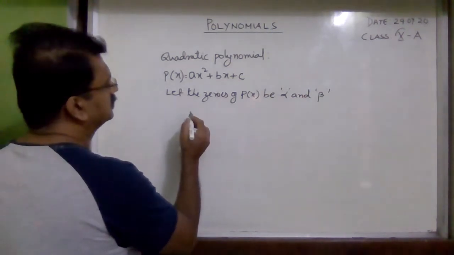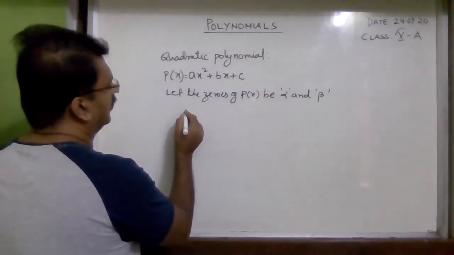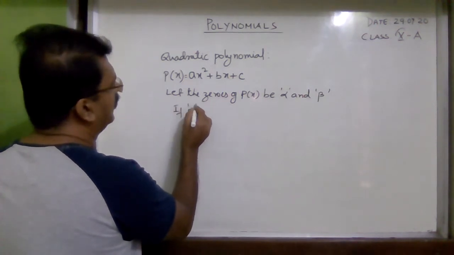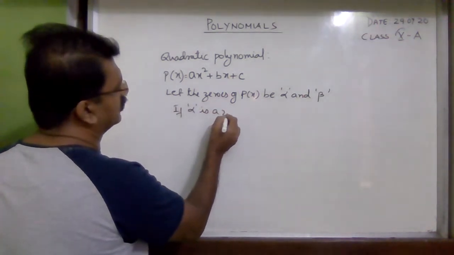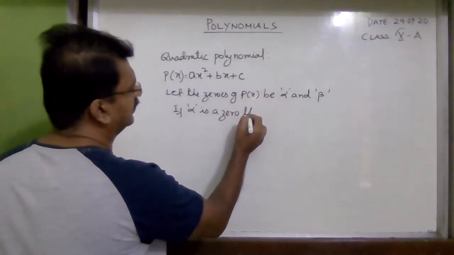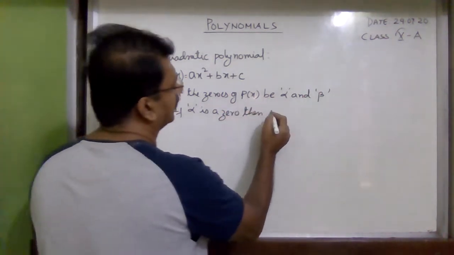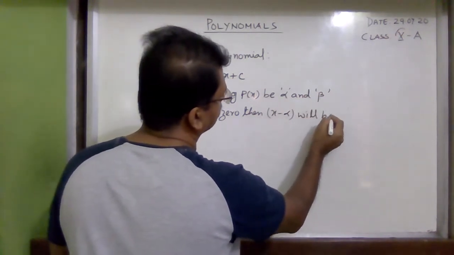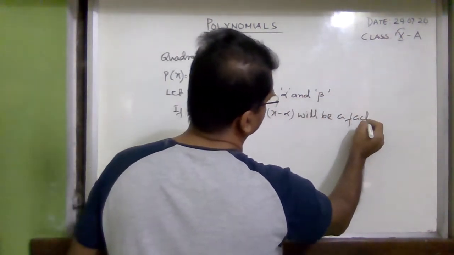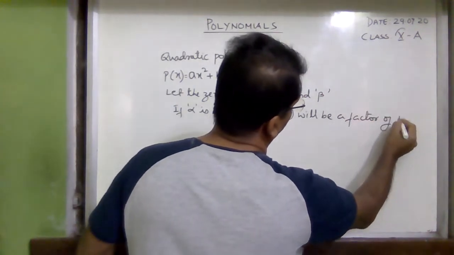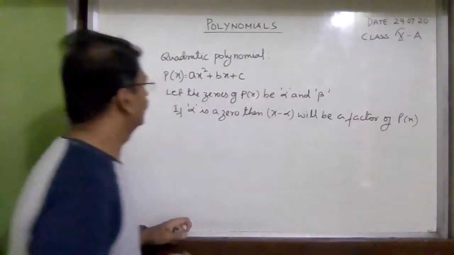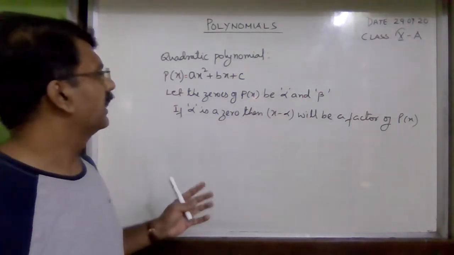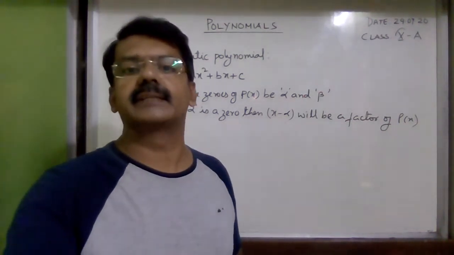Now see, if alpha is a zero, then x minus alpha will be a factor of px. Okay, if alpha is a zero, then x minus alpha will be a factor of px.